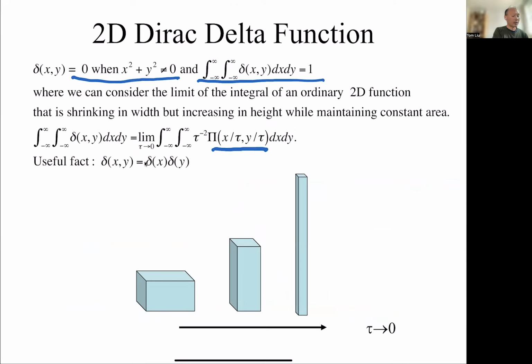And then we essentially shrink that width. And as the width shrinks, we have to make the height go up to keep the area 1. So it's going to end up as this very narrow spike that just has the area of 1. Now, a super useful fact is that the 2D Dirac delta function is just the product of the two one-dimensional Dirac delta functions.